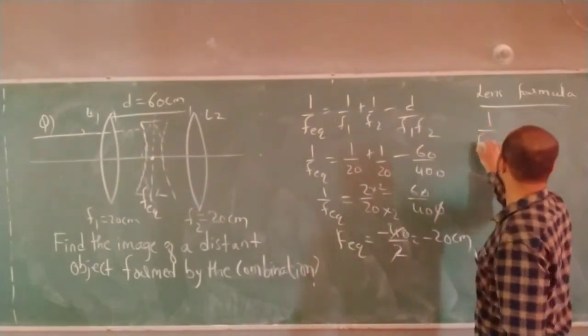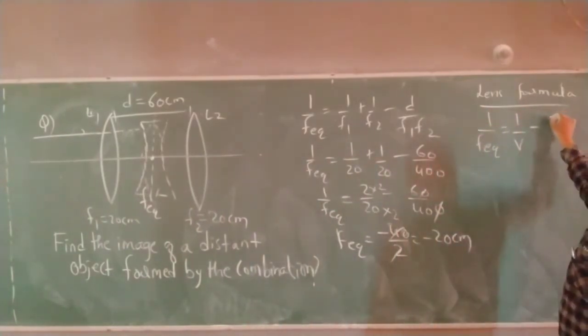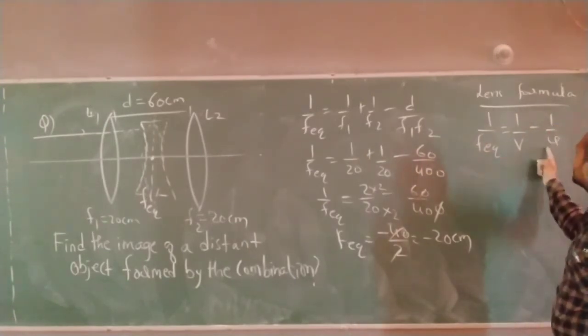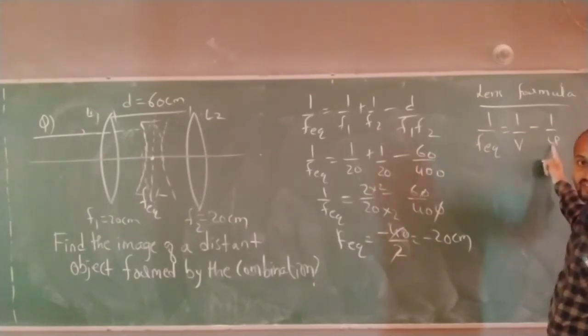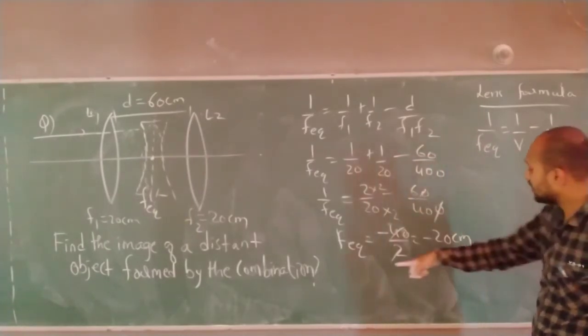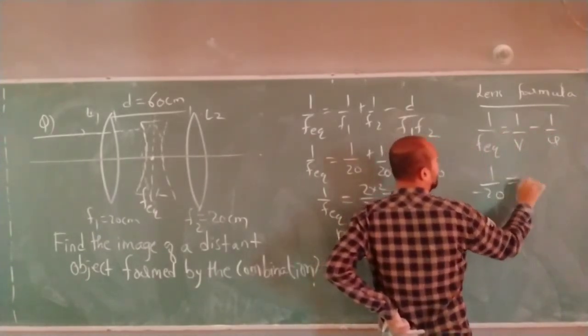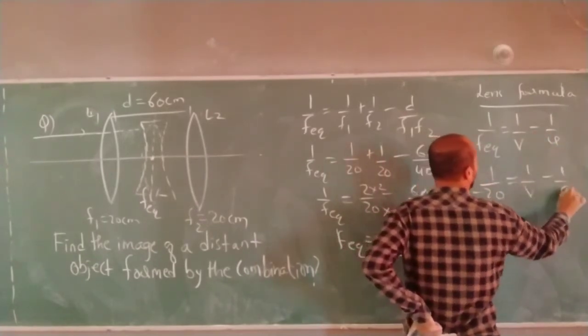So 1 by f equivalent will be equal to 1 by v minus 1 by u. We need to calculate 1 by v. u is infinity. So 1 divided by minus 20 is equal to 1 by v, minus 1 by infinity.